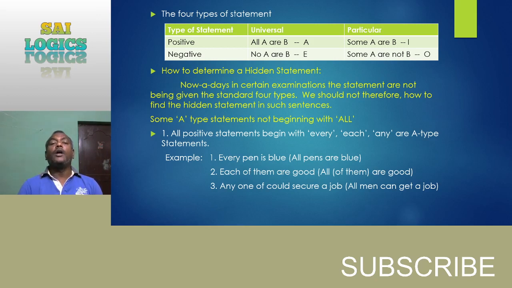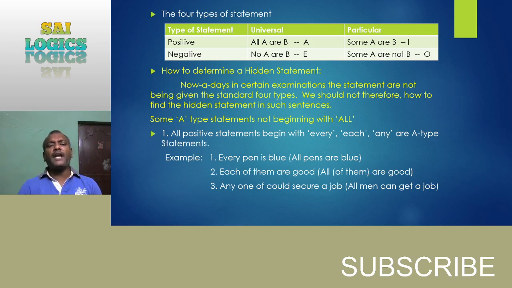Okay. Now, if any new statement occurs beyond the standard 4 types, we have to find the inner hidden statement and rewrite it in the standard types. Now you see what all the types are and where we can reduce the statement into these 4 types.